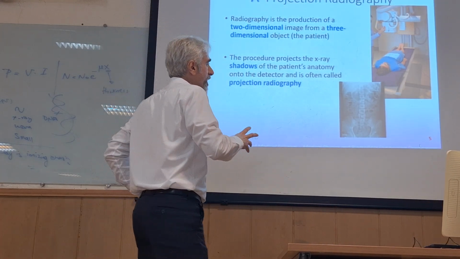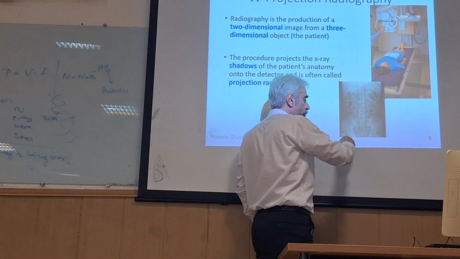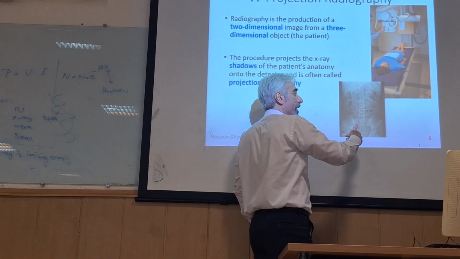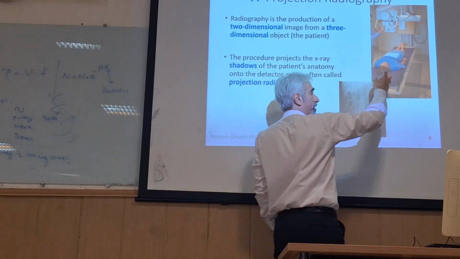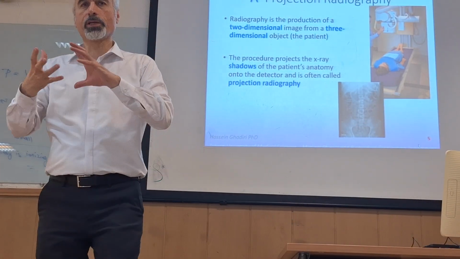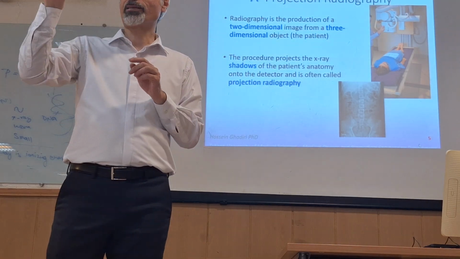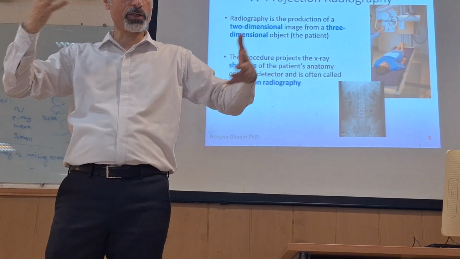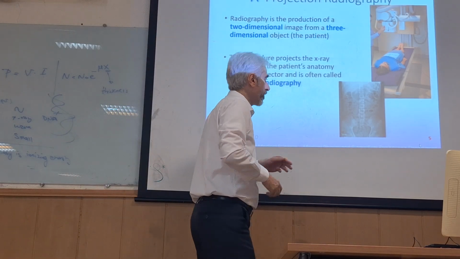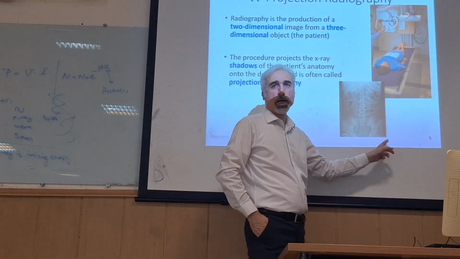But as you can see, we have a two-dimensional 2D image of a 3D object, yes? Our body is 3D. We have X, Y, and Z direction points, but we have a two-dimension image.